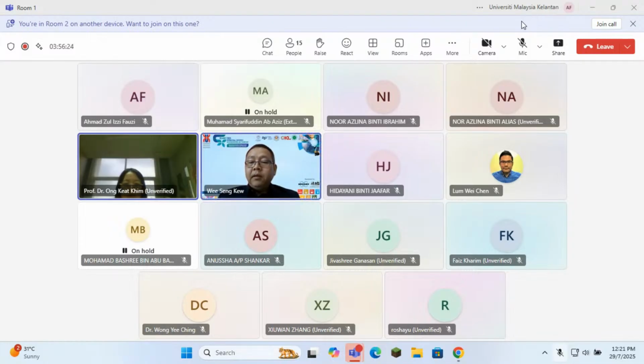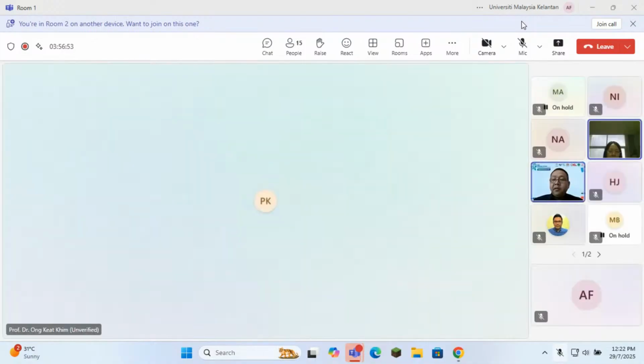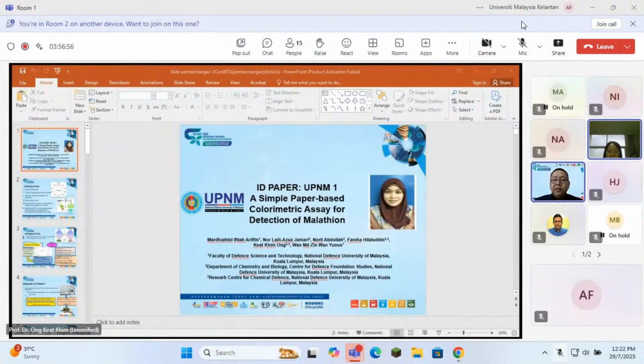Prof. Ong, can you confirm whether you are sharing the screen or the window? Am I in the correct room? Yes, you are in the correct room. I heard somebody's voice. That's from the other room. Now can you see my slide? Not yet. Okay, now we can see it.